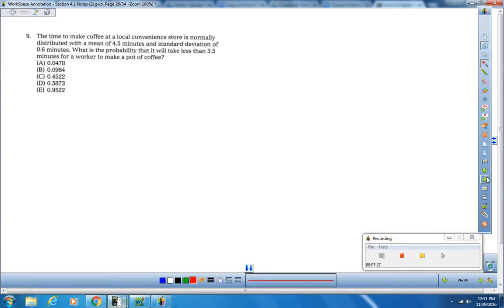Now they talk about normally distributed values, so I should be thinking z-scores in my head. Normally distributed with a mean of 4.5 minutes and a standard deviation of 0.6 minutes. So anytime I think normal distribution, I should think z-scores. It says, what's the probability that it will take less than 3.5 minutes for a worker to make a photocopy?